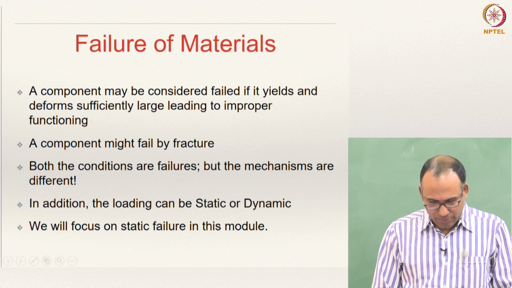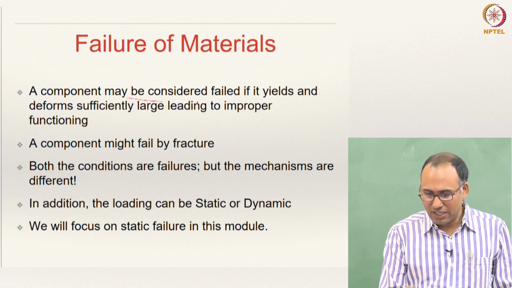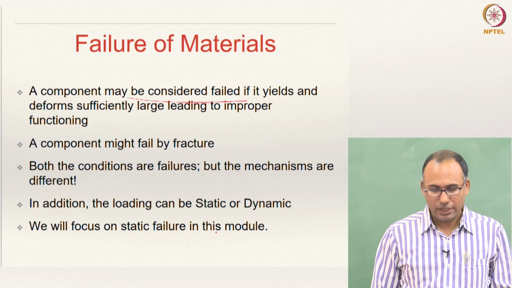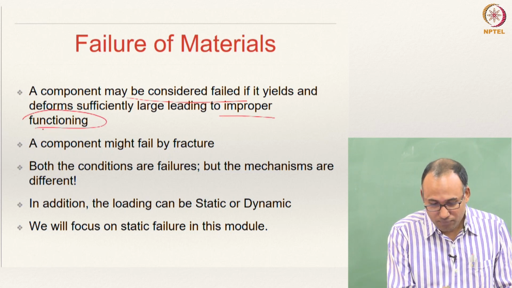All right, I think this is something that we already discussed. A component may be considered failed if it yields and deforms sufficiently large, leading to improper functioning. That is the key.